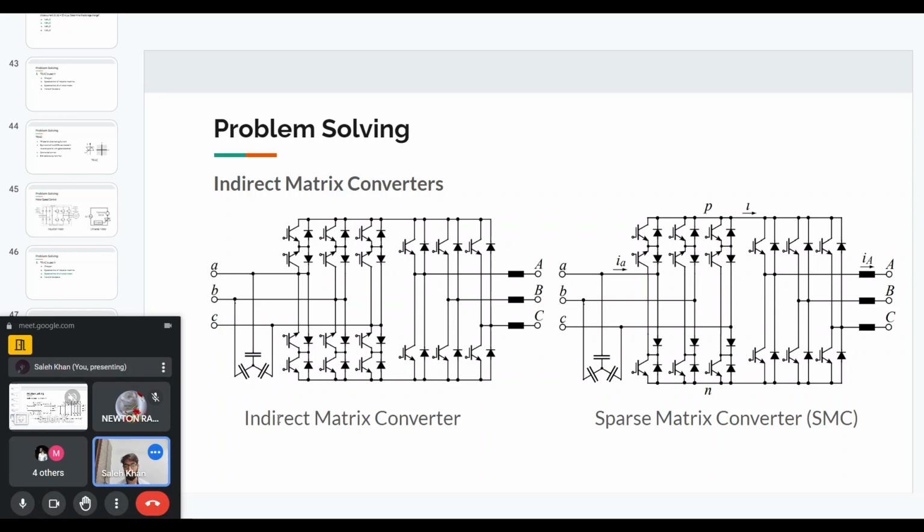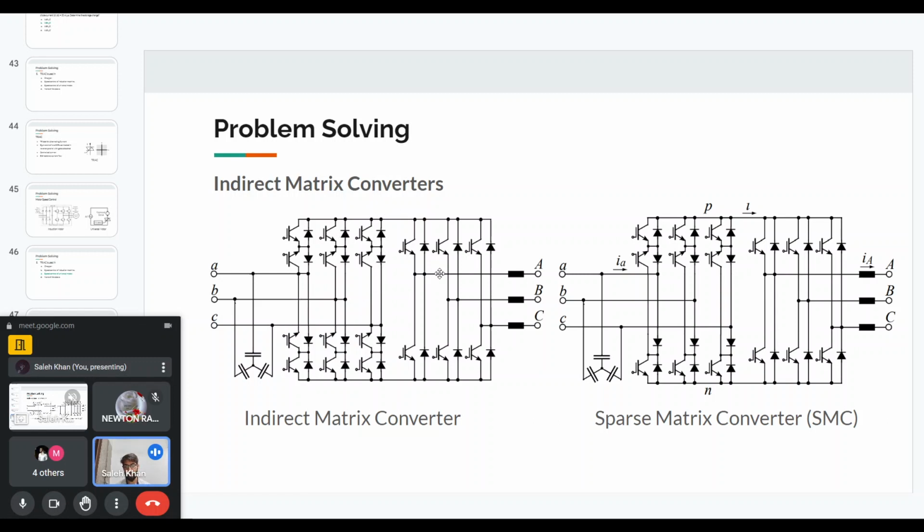For the conventional or the basic indirect matrix converter, you can see that for a positive current, from source to load, we can have a current through one switch and then one diode. This will be the positive current. And the negative current will be again through the other switch and the other diode.